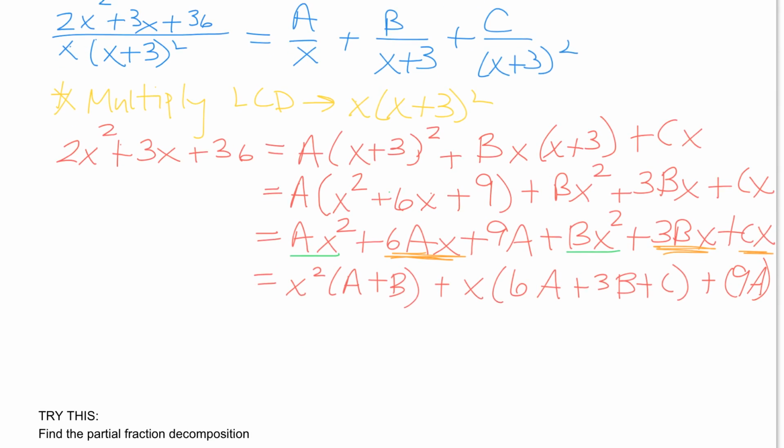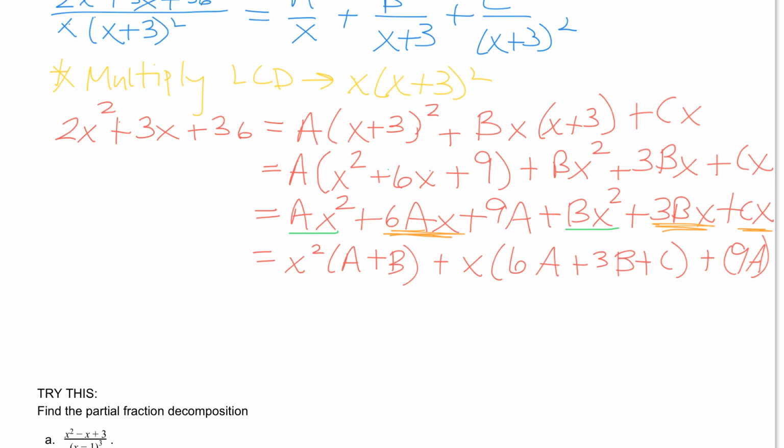Move this up a little bit. Then what I want to recognize is that I have this a plus b. This is my coefficient of my x squared term, so that's going to be equal to 2. So I know a plus b equals 2. And then I have this term right here, 6a plus 3b plus c.